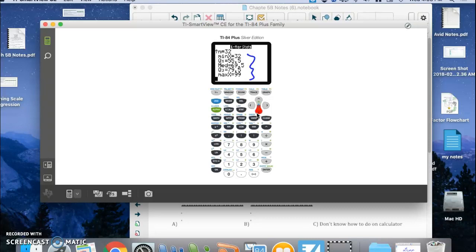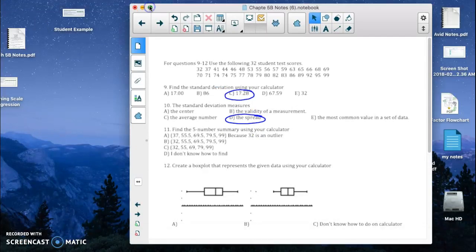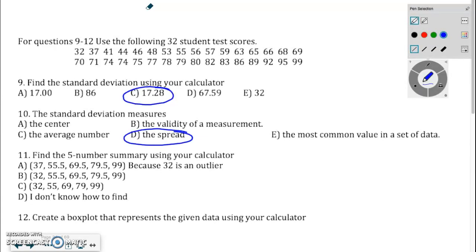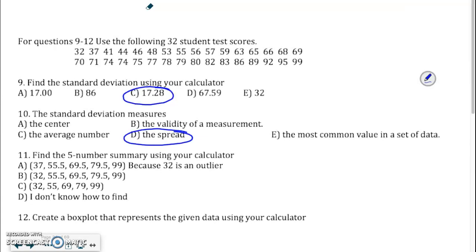All right, so the long and short of it, if you are looking at number 11, which is the one we want to answer now, you should have answered letter B. And you could have found that either way. I showed you how to do it there.